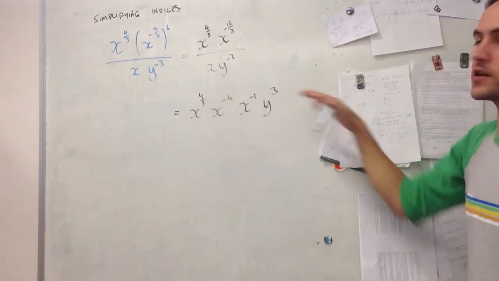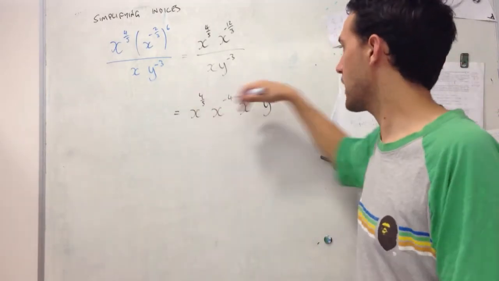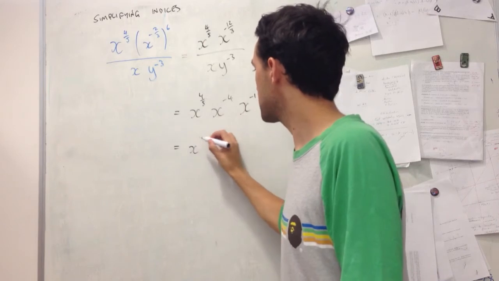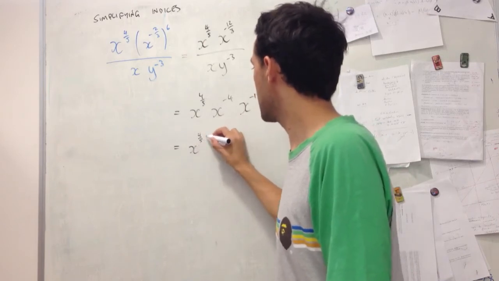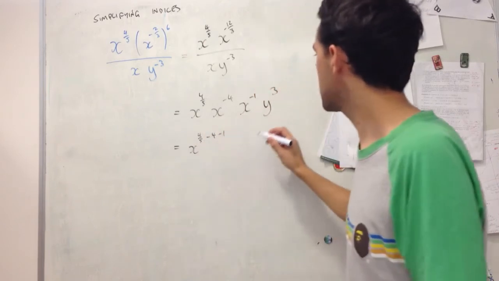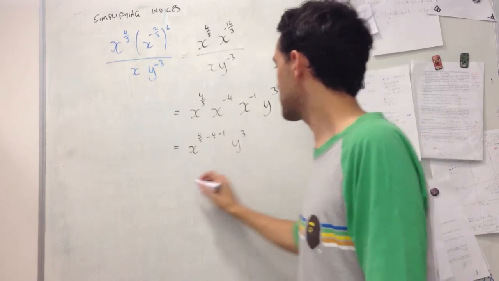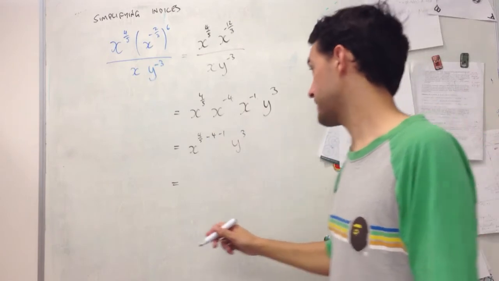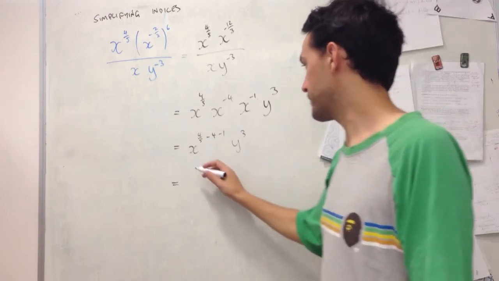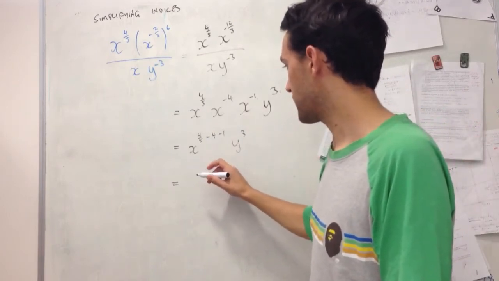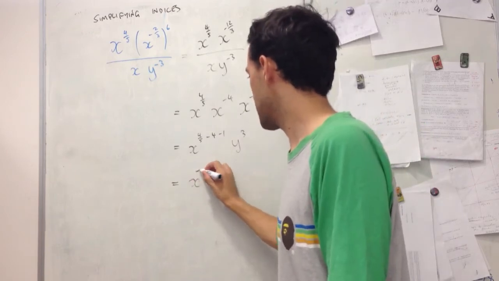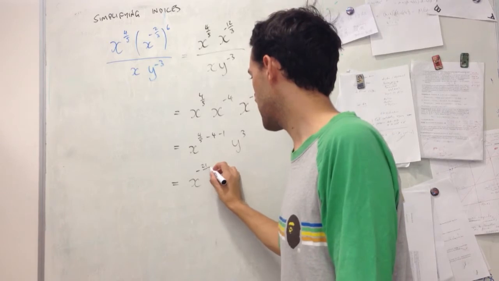And so now once I've got it all as a string, I can just apply the addition rule for all of these x's. So I'm going to have x to the 4/5 minus 4 minus 1, and then y cubed. And so this gives me 4/5 minus 5, which is going to be negative 4 and a fifth, or x to the negative 21 on 5.